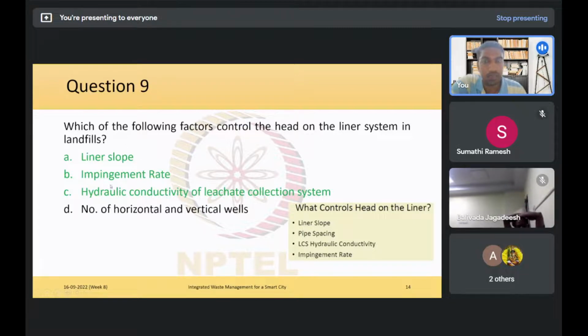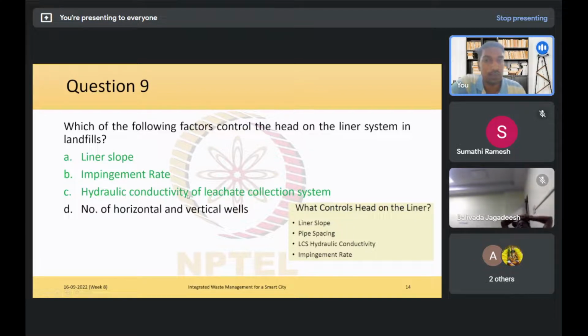So we have the impingement rate, how much is coming in. The more quickly the leachate or water is collected, the higher will be the head. If it comes at a slower rate, the head will also be lower. Second, how quickly it can enter into this leachate collection system and the pipes is determined by the hydraulic conductivity or the permeability.